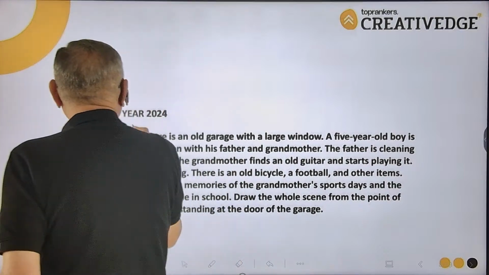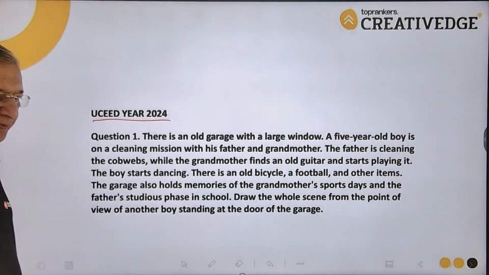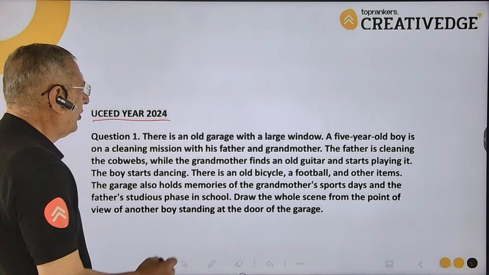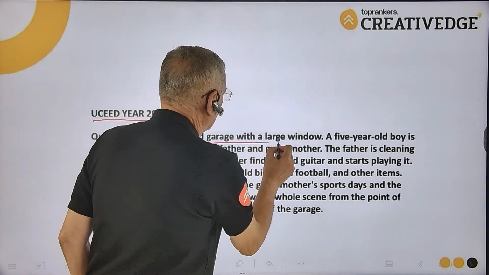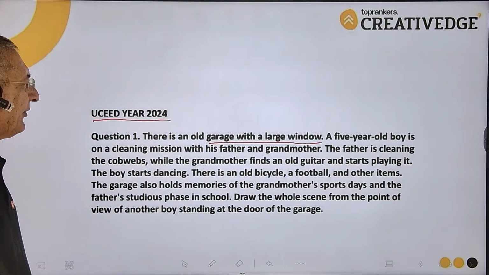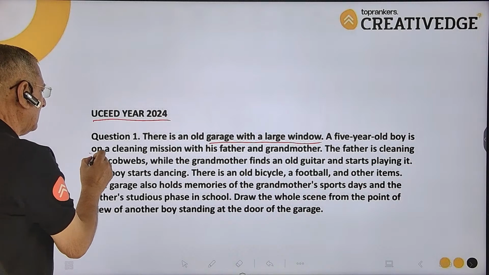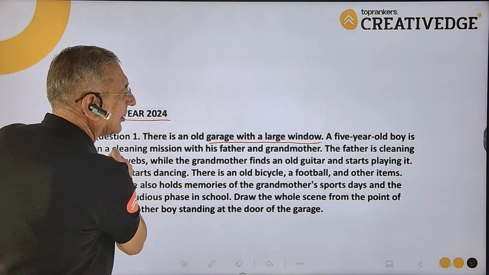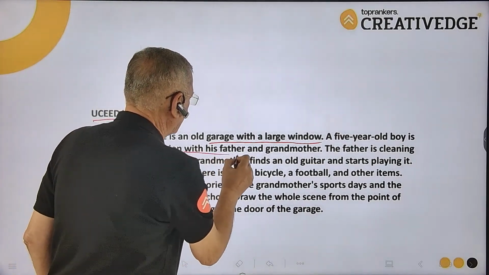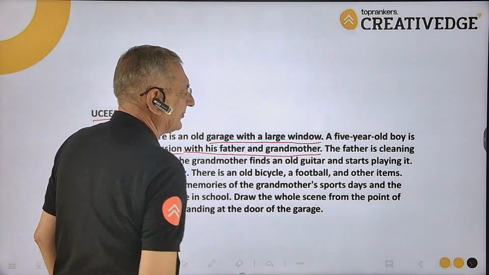Another question. You see, year 2024. There is an old garage with a large window. A 5-year-old boy is on a cleaning mission with his father and grandmother.